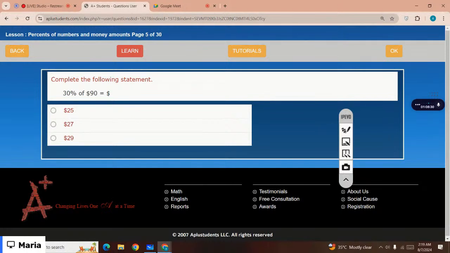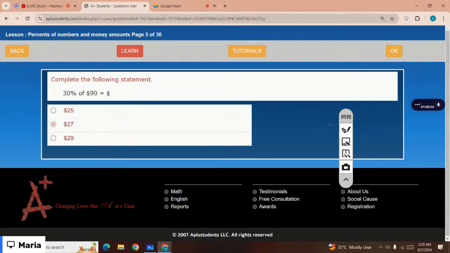Thirty percent of 90 is... The correct option is 30% of 90 is $27.